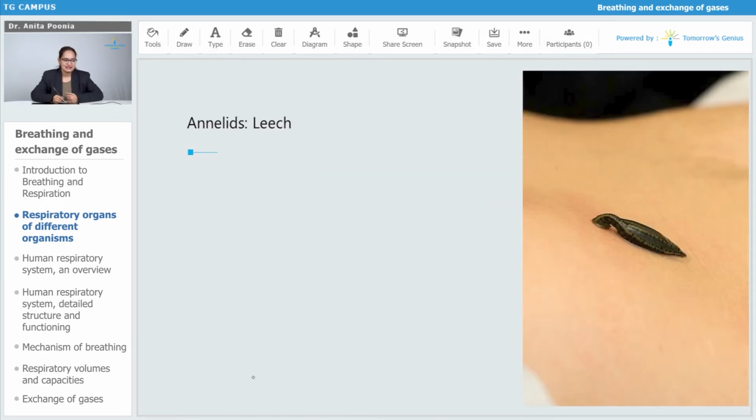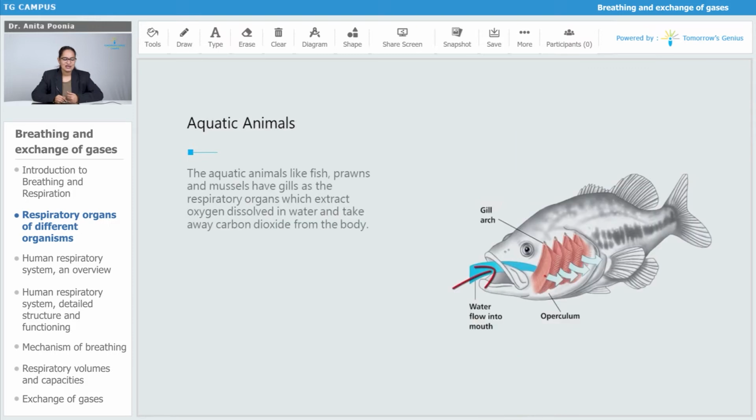And this is an annelid, a leech. The aquatic animals like the fishes, prawns and mussels have gills. They have this respiratory organ. The gills act as the respiratory organ which extracts the dissolved oxygen that is present in the water, students, and takes away the carbon dioxide from the body.